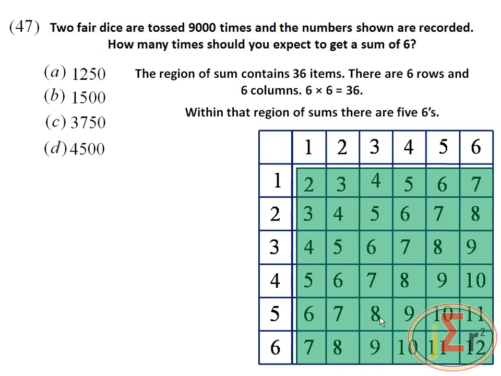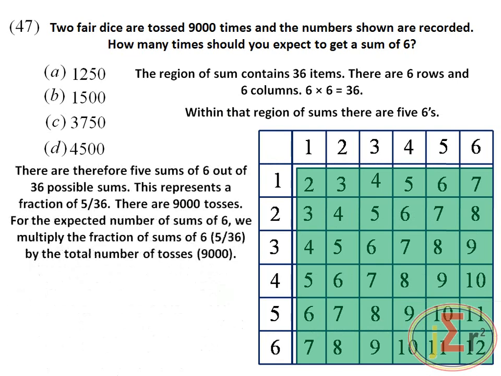Within the region of sums, there are 5 6's. How many 6's do we have? We have 5. There are therefore 5 sums of 6 out of 36 possible sums. This represents a fraction of 5 over 36. There are 9,000 tosses. For the expected number of sums of 6, we multiply the fraction of sums of 6 by the total number of tosses.